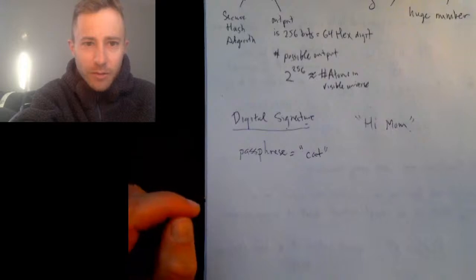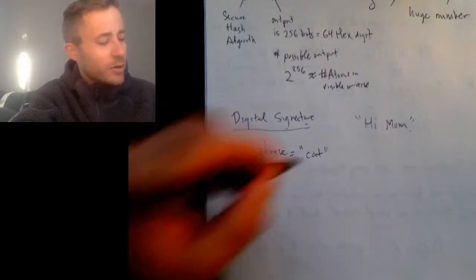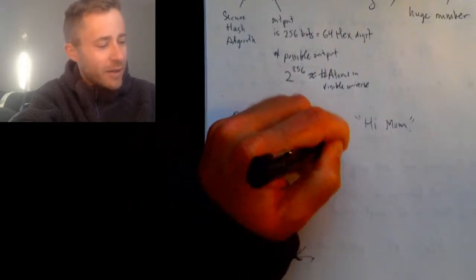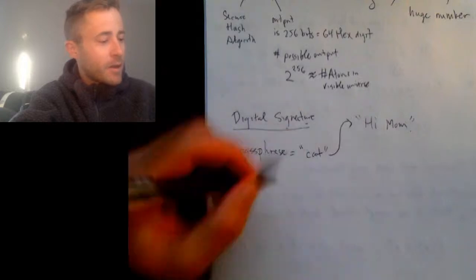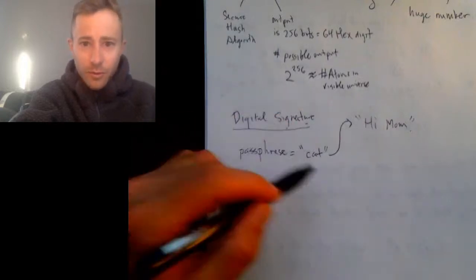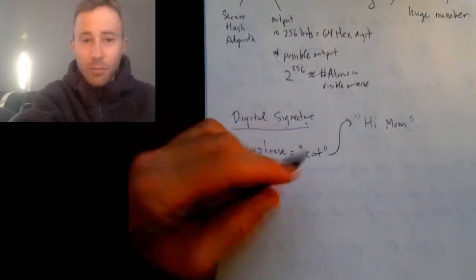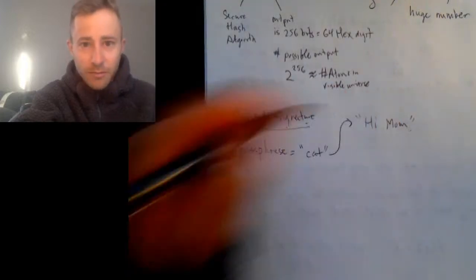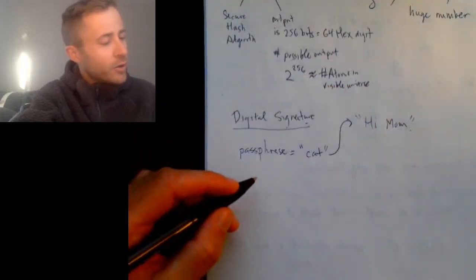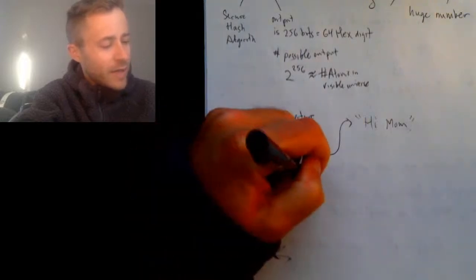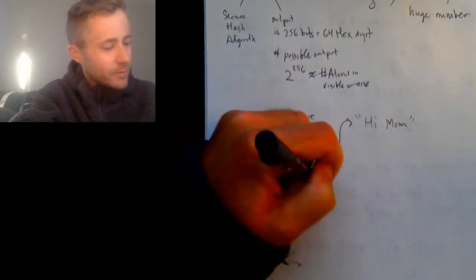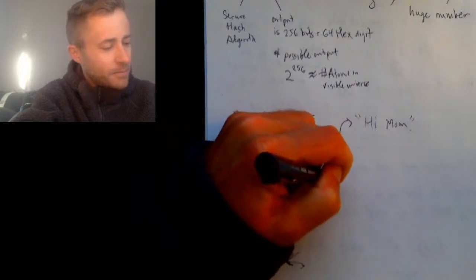That's not a very good passphrase, but then what I'm going to do is I'm going to concatenate that onto my message, or onto whatever I wrote that I want to prove I actually wrote. So now I'm going to let x equal cat hi mom.